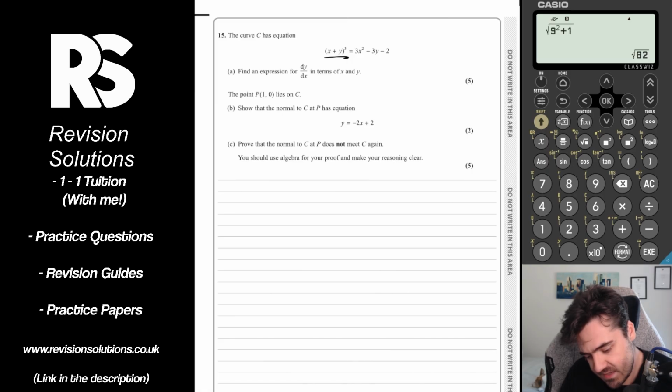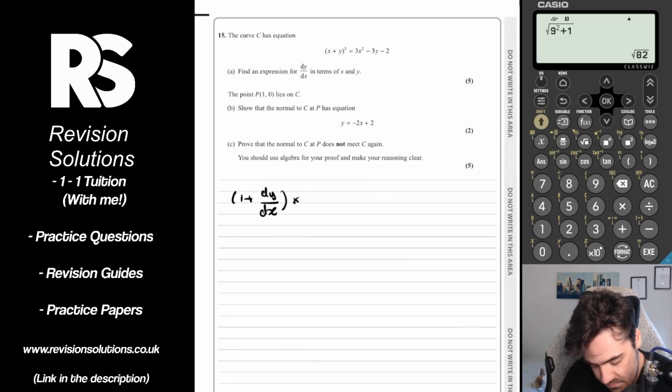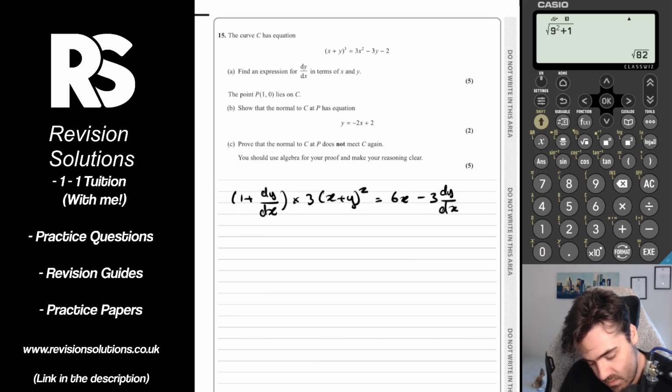If we differentiate the inside, x plus y, that just goes to 1 plus dy by dx. Then differentiating the power of 3, that's going to multiply it by 3, reducing the power down to 2. 3x squared is just going to become 6x, and then 3y is just going to become 3 dy by dx, and the 2 would go to 0.